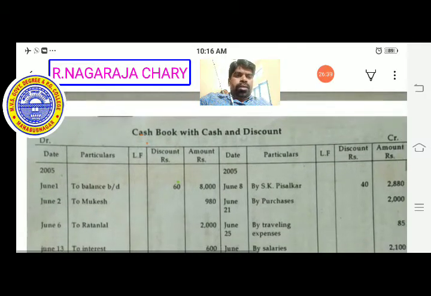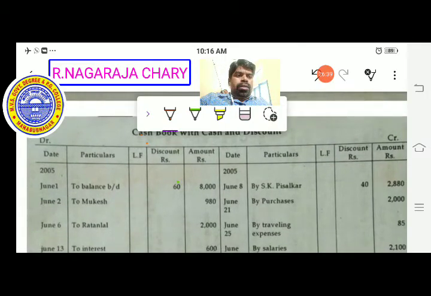So, this is on the debit side, to balance brought down 8,000 rupees. This is the opening balance, because in the cash book we have the opening balance on the debit side. So, that is opening balance 8,000 on the debit side.